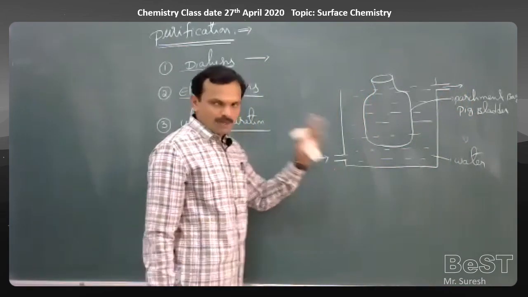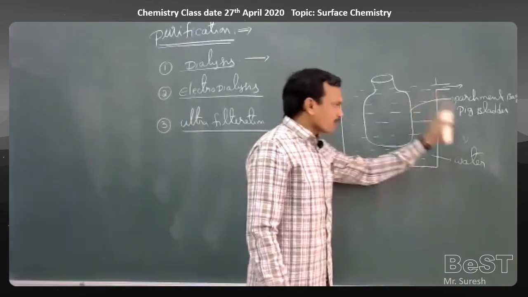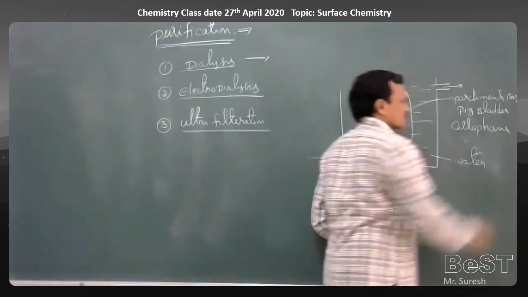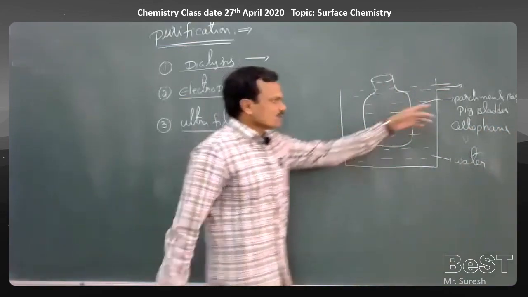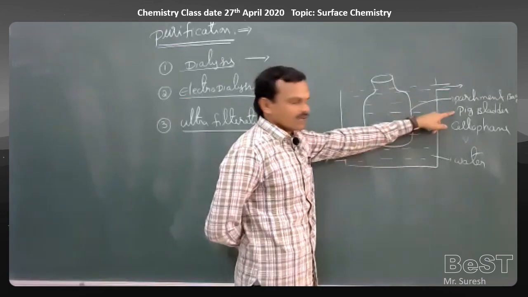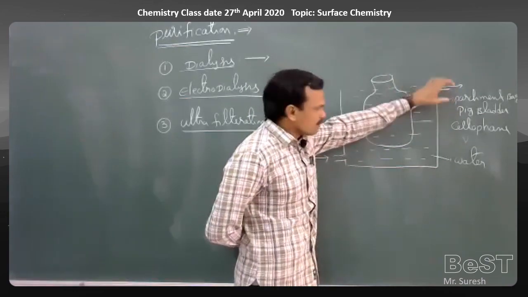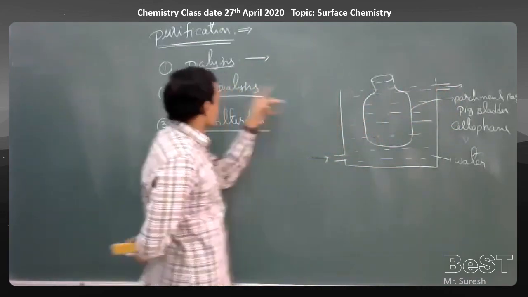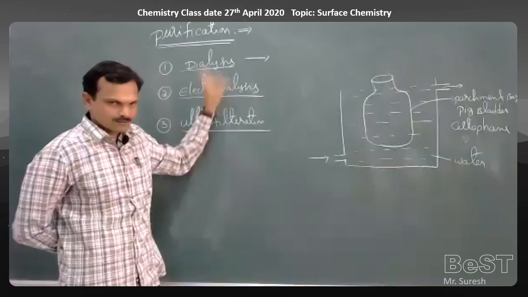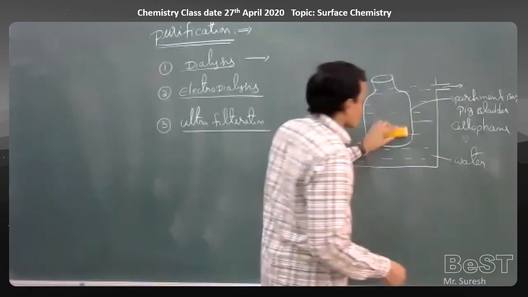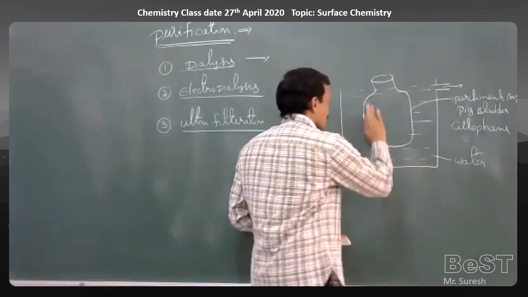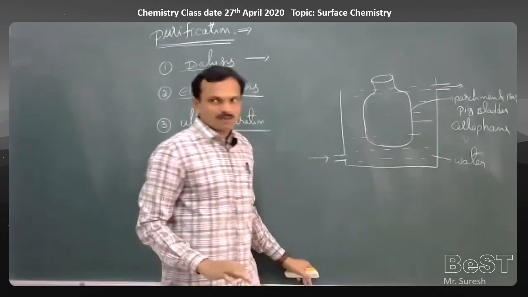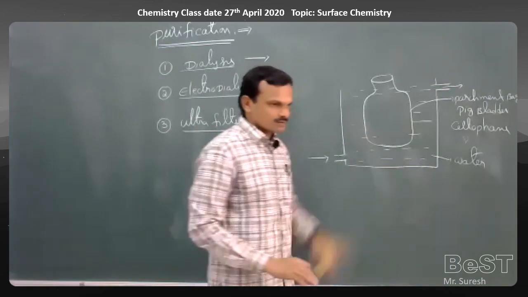So parchment membrane, cellophane, or pig bladder can be used. Cellophane is synthetic, whereas pig bladder is naturally available. These are commonly used substances for purification of colloids by dialysis. The role of the parchment bag or pig bladder is that it allows only true solution particles, that is, electrolyte particles, to pass out through it.